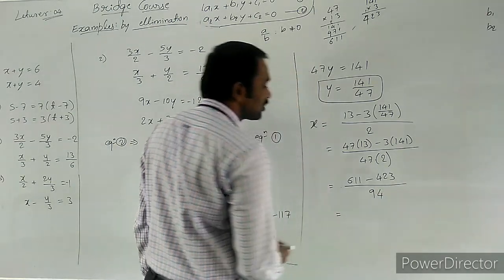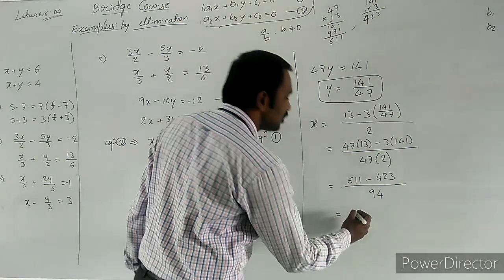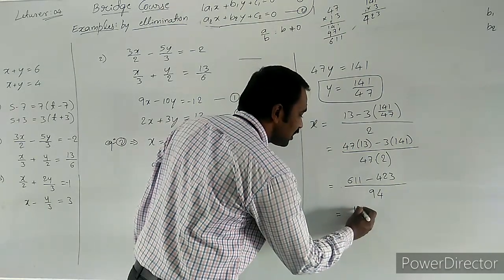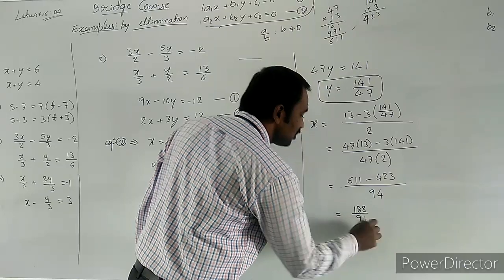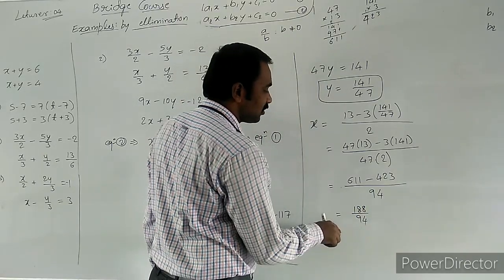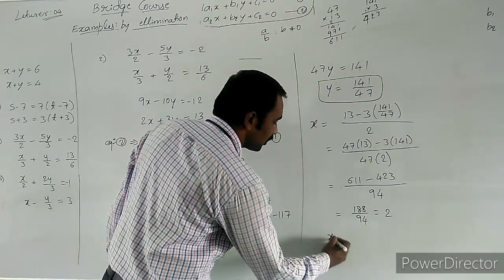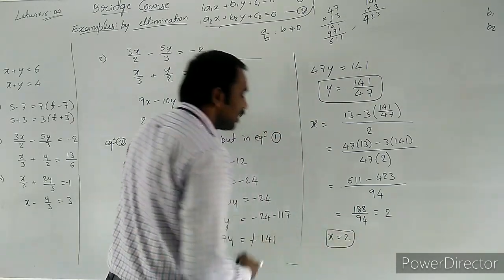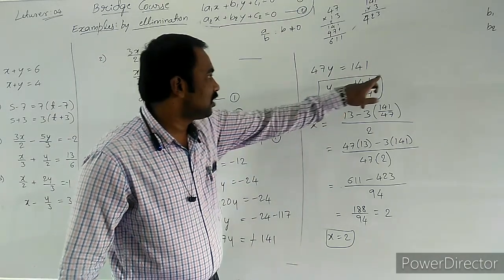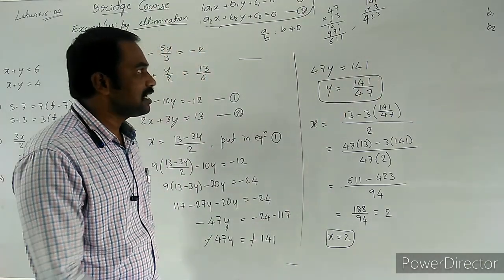So we can write 611 minus 423 is 188 divided by 94, which is equal to 2. Therefore x is equal to 2. x is 2, y is 141 divided by 47.